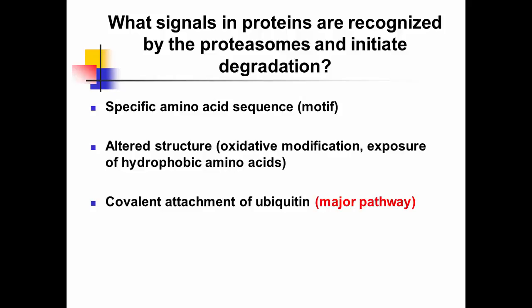So what type of proteins are degraded? How are these proteins degraded and not the other proteins, right? How specific is this process? So first of all, the proteins that can be degraded usually have a specific amino acid sequence motif, and some altered structures like oxidative modification or exposure of the hydrophobic amino acids.